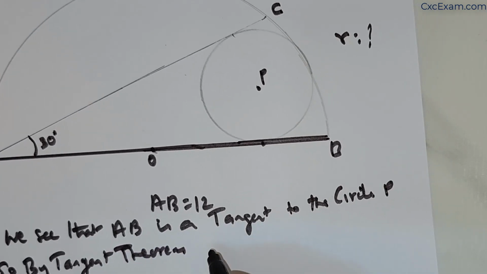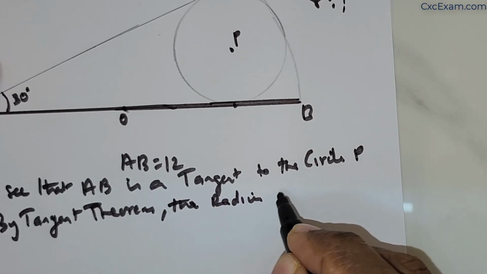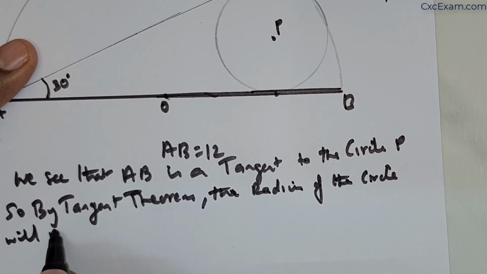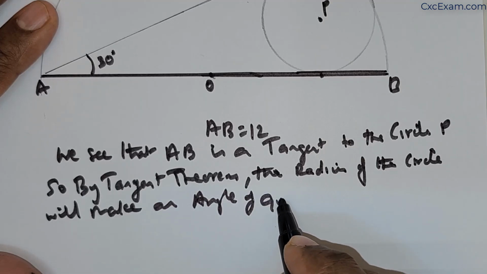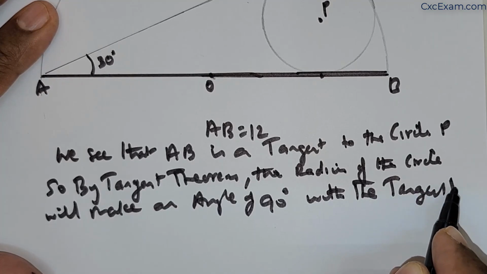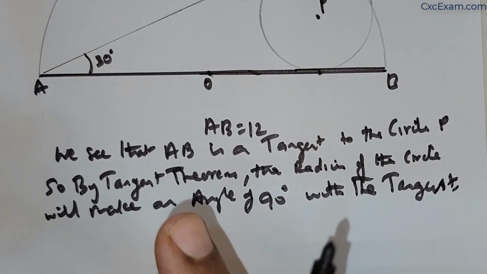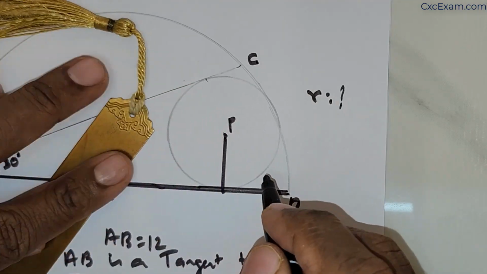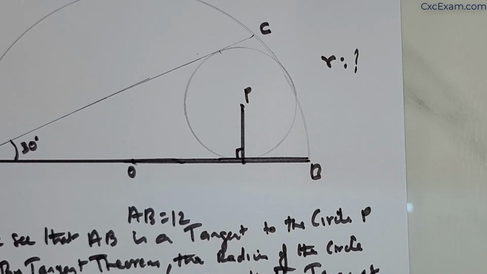The tangent theorem states the radius of the circle will make an angle of 90 degrees with the tangent. So let me drop a perpendicular from P to the tangent. So this is going to be 90 degrees. Okay, fair enough.